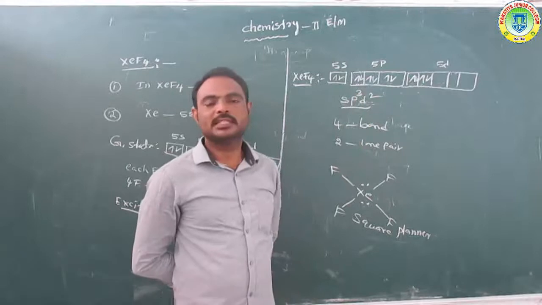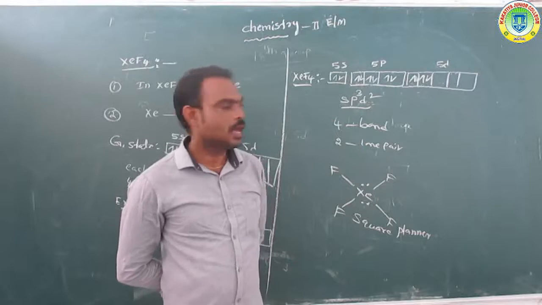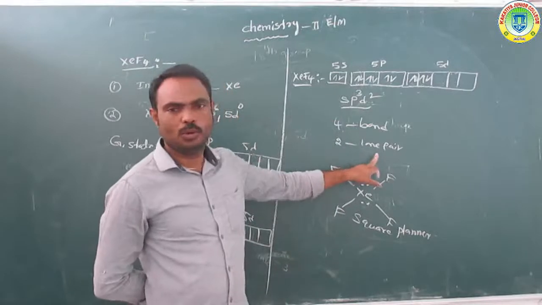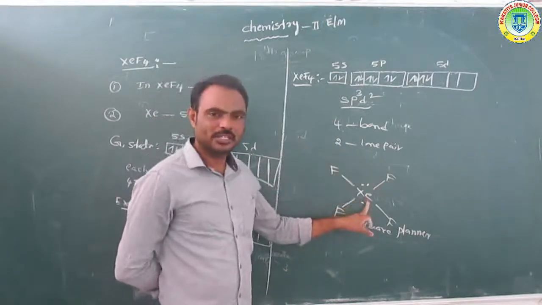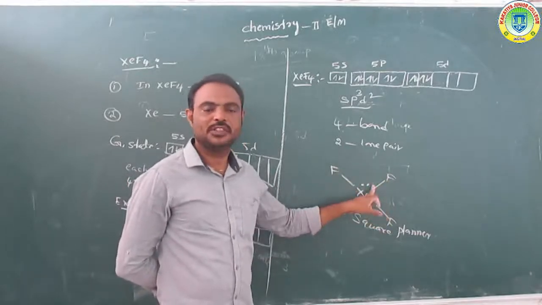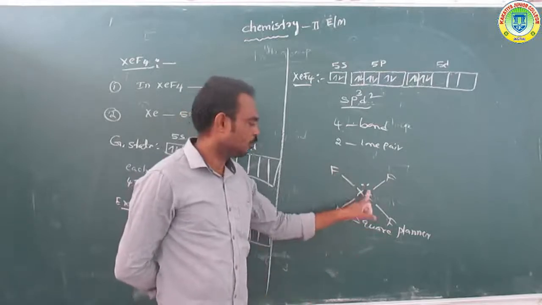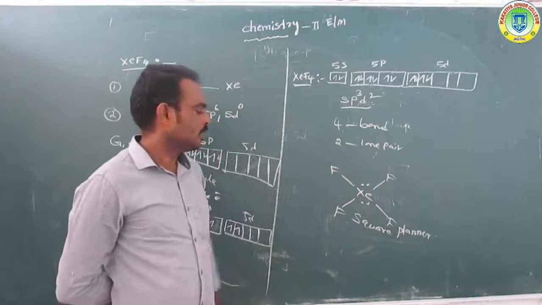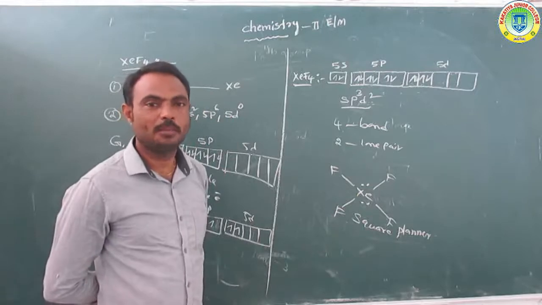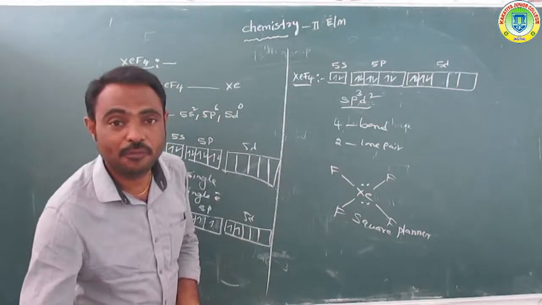So overall it has sp3d2 hybridization, with 4 bond pairs and 2 lone pairs. What is the structure? Xenon is the central atom, and 4 fluorine atoms are attached at the 4 corners with single bonds, or sigma bonds. It contains 2 lone pairs, so it has a square planar structure. Okay, that is the structure of XeF4.